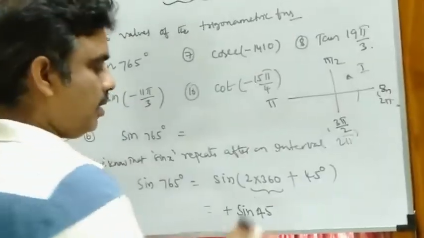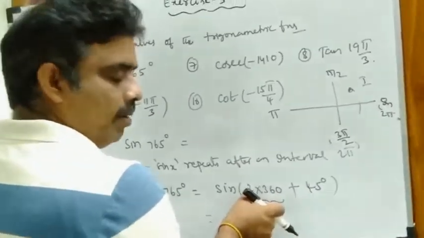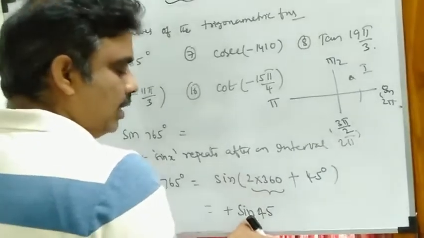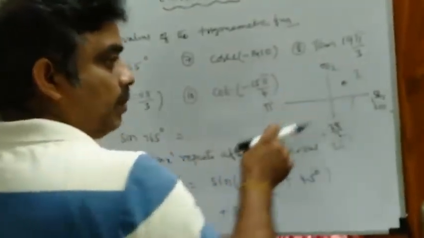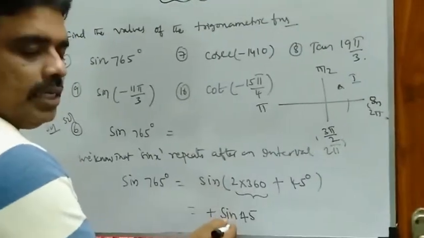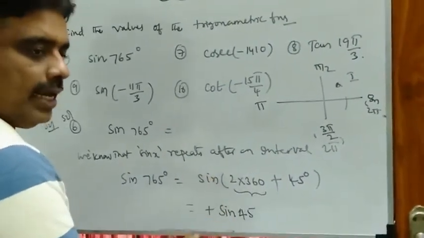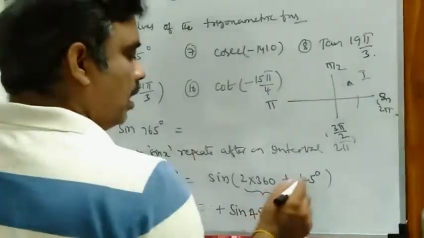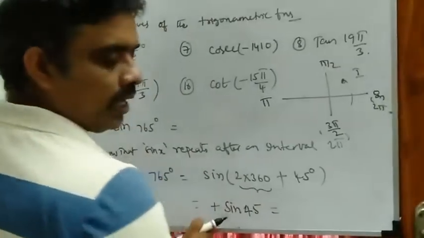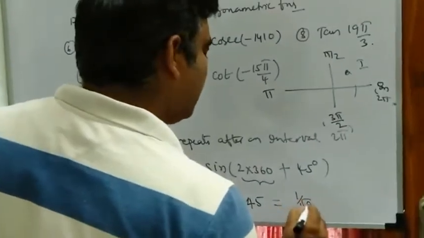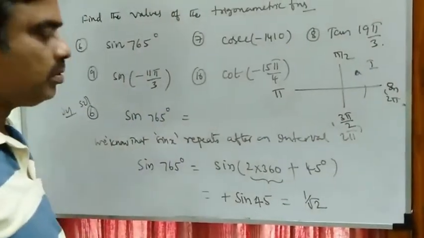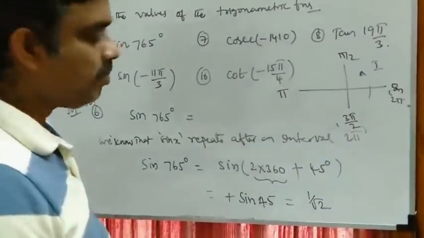Is all of it clear? A multiple of 2 pi means the sin function reaches the same function sin. If it is an odd multiple of pi by 2, then sin changes to cos, cos changes to sin. Here it is the same function and 45 degrees with positive sign because it lies in the first quadrant. We know that sin 45 is equal to 1 by root 2. That is the first problem solution.